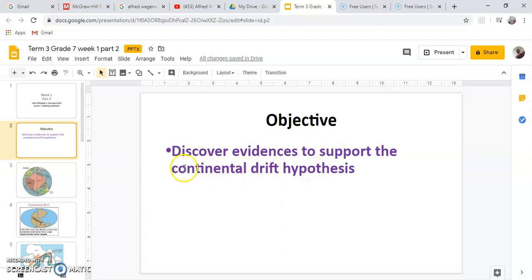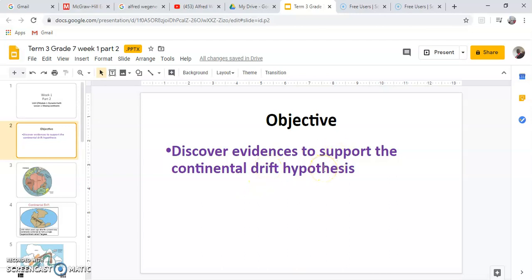You can remember that in the previous lesson, I mentioned the continental drift theory or hypothesis. Drift, the word drift, it's like a slow shifting apart, a slow moving away from one place to another. That's the meaning of the word drift.